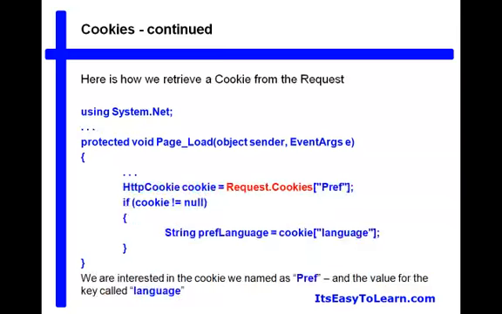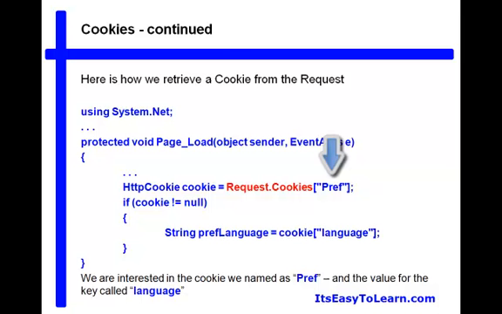Remember we said a cookie which is stored on the client's computer is sent along with each request. So on the server, how do you retrieve a cookie from the request? We say request.cookies and specify the name of the cookie we want to retrieve using the array syntax notation. Here, since we want to retrieve the cookie called pref, we say request.cookies of pref.